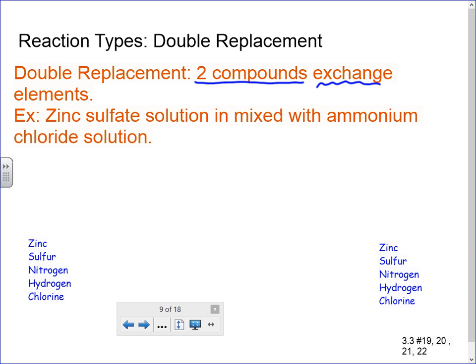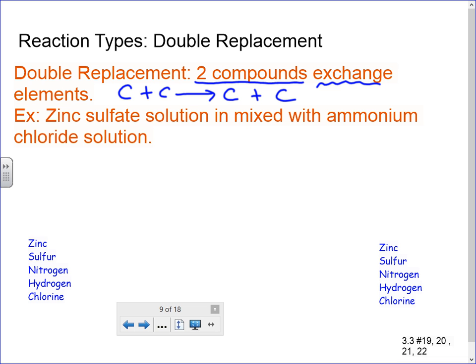If I was to write what I have in a double replacement reaction, I have compound plus compound giving me compound plus compound. So unlike any other type of reaction we've seen, there are no elements that are all alone in double replacement.